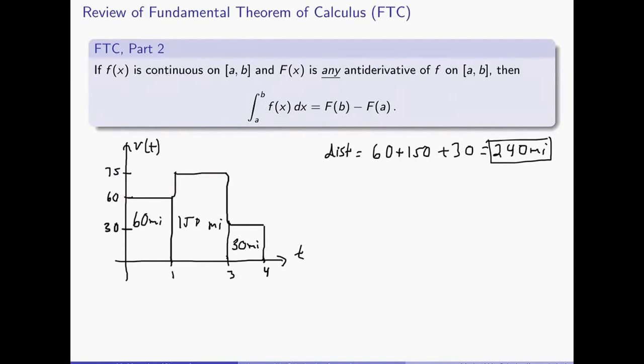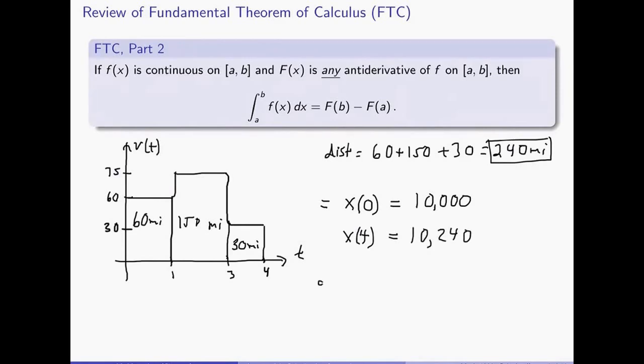So when you arrive at Charleston, you look at your odometer, and, well, I guess when you leave, you should probably check your odometer first. And at time equals 0, suppose your odometer says 10,000 miles. Now when you arrive, that should be at 4, your odometer says 10,240.